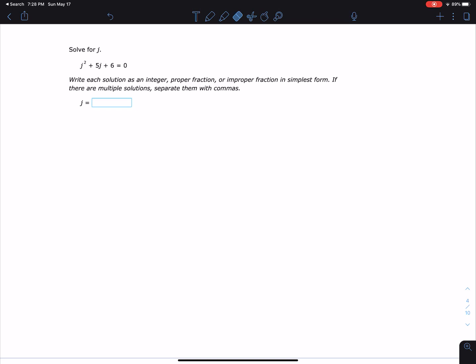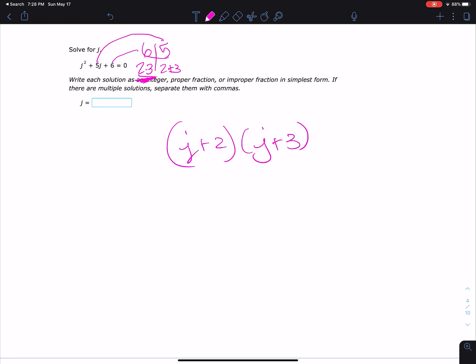If you remember the table, that's where you would say, I'm looking for multiples of 6 that add together and make 5, and the 5's coming from here. Multiples of 6, well, that's 2 and 3, and 2 plus 3 adds to 5. So these are my factors. I would write it as j plus 2 and j plus 3, and then, of course, equals 0.